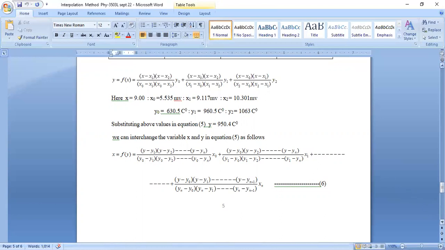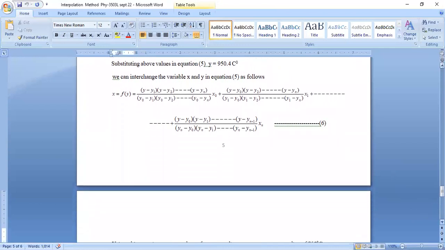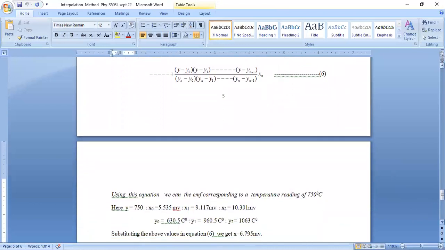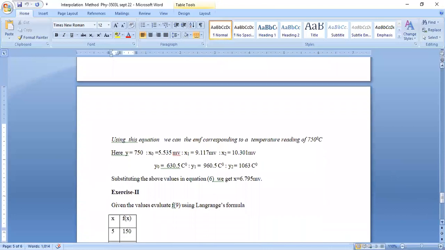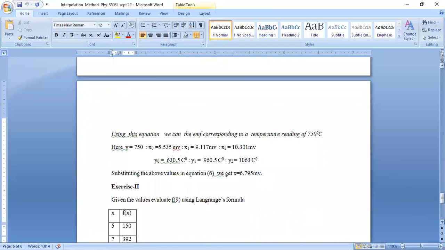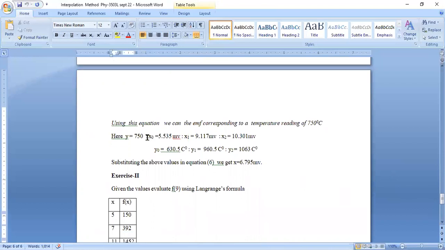If you put the corresponding values here and find the value, please remember that Y is 750, because in this case we want to find the thermo EMF. So this is your 750.